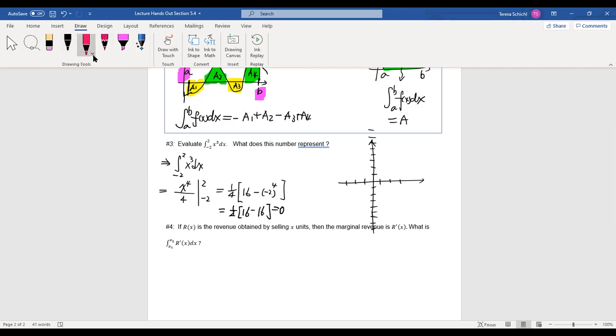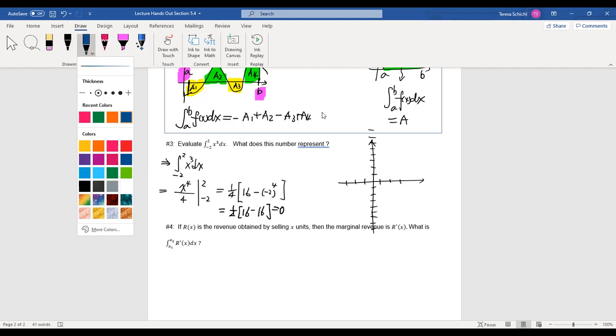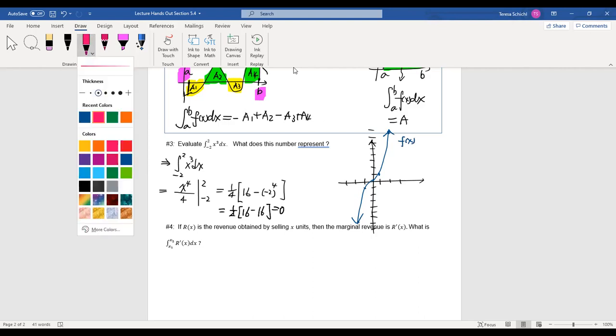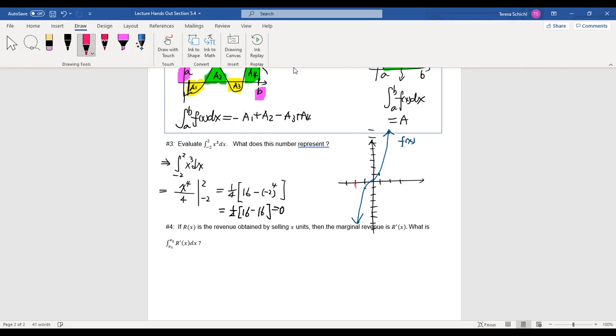Now, if you say x cubed, right, it will be some function like this. This will be your f of x function. And now you want to integrate from -2 to +2 here, right?